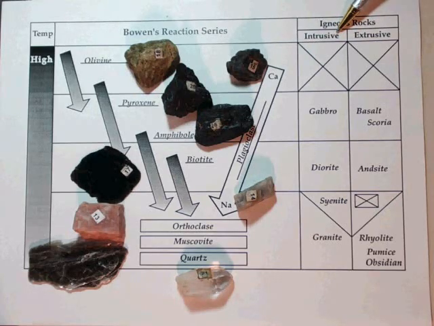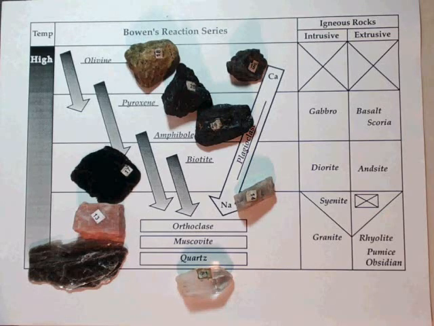So the way they set up the names here, we look at what we call textures. Are they intrusive or are they extrusive, depending on the cooling rate of our rock. And that's going to give us different textures of our igneous rocks.